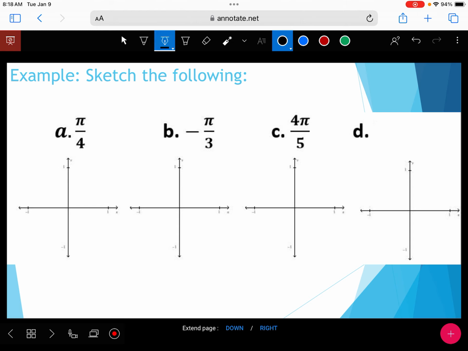And then the last one we'll add is 5 pi over 4. Right, so go ahead and copy these down, and then we are going to do question B last. I'm going to do the positives first, and then we'll go back and do the negative.